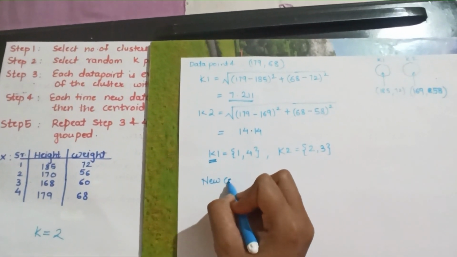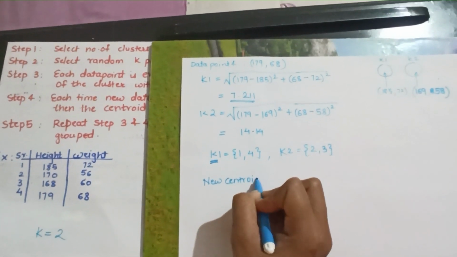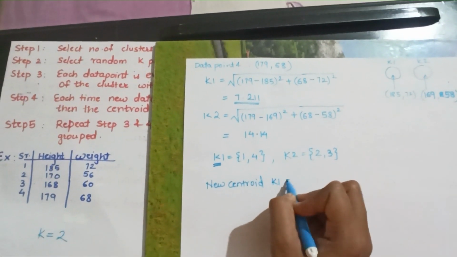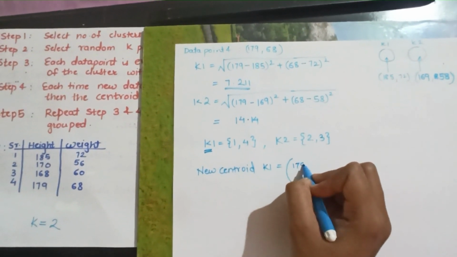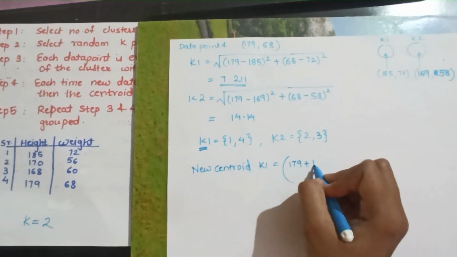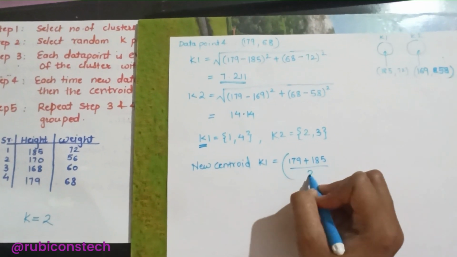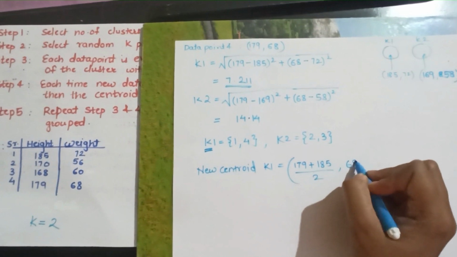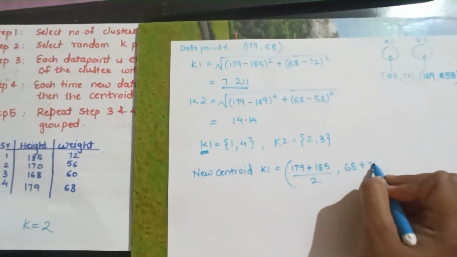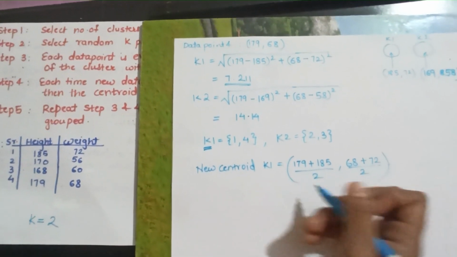So the new centroid value for cluster K1 is equal to your observed value, that is 179, plus centroid value 185, by 2. Then your observed value for weight, that is 68, plus centroid value 72, by 2.